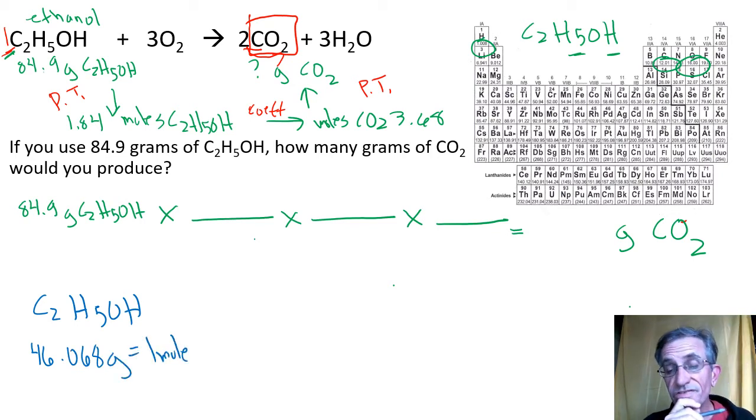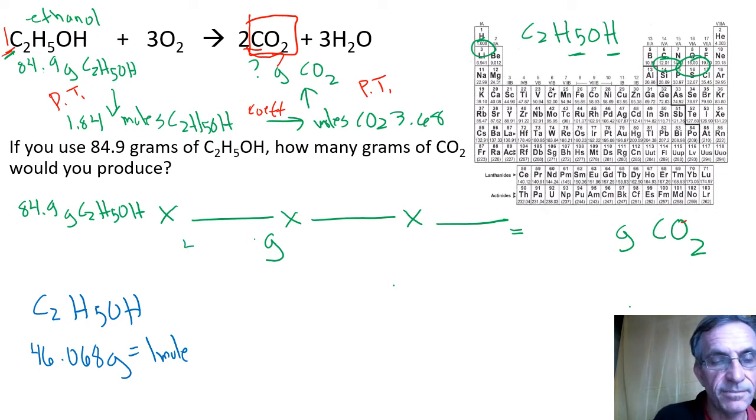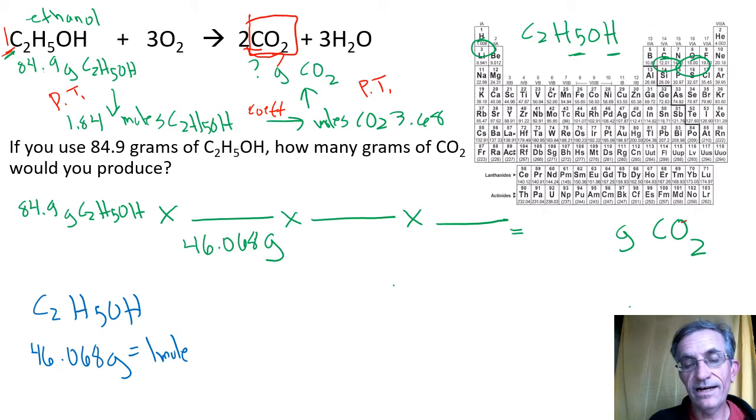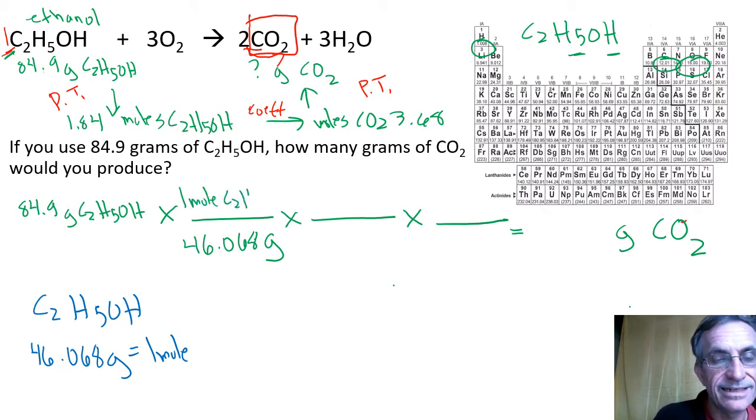So I could use that in my first step, right? Grams to moles. So you start off with grams, you got to put grams on the bottom, which makes the 46 go on bottom. All right. So this would be 1 mole of alcohol right here, right?